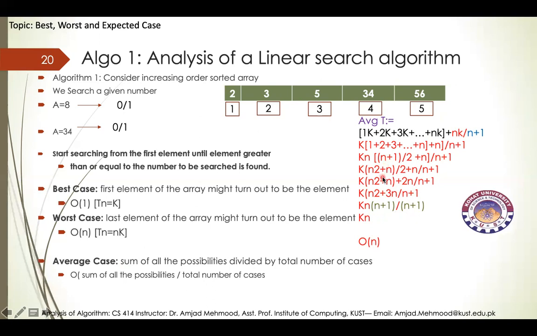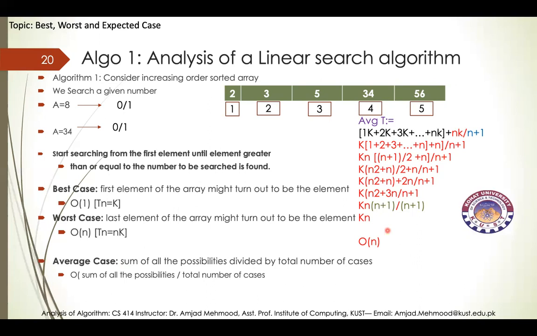So you can see that the average case or expected case is normally very difficult for us to calculate, because we have to take the time taken at each step, and then calculate the average of that.